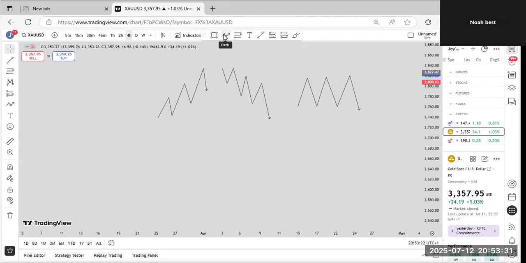For reversals, whenever I see a market structure shift, I know that price is about to change direction to the opposite side. Then for continuations, whenever I see a break of structure, I know that price is still going to continue in that particular trend.